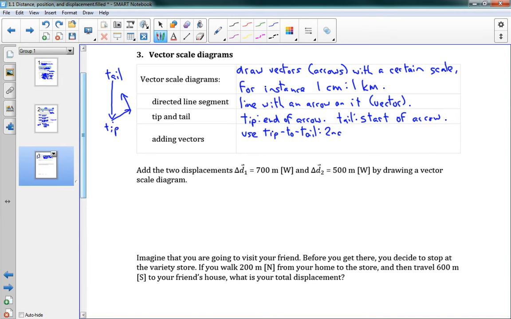So second vector's tail on the first vector's tip. And that's how we proceed.